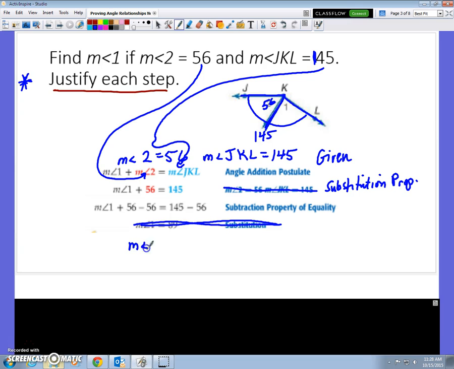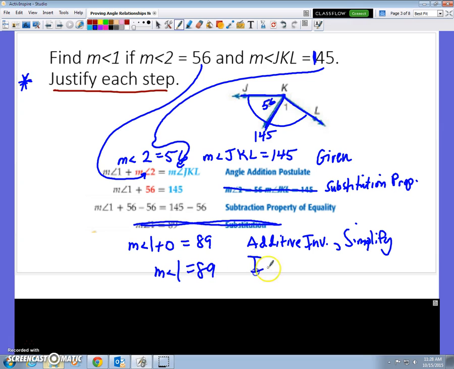The measure of angle 1 plus 0 equals 89, and what we did there was additive inverse. And we simplified the right-hand side. When we add nothing to something, it stays the same, which is the identity property of addition.